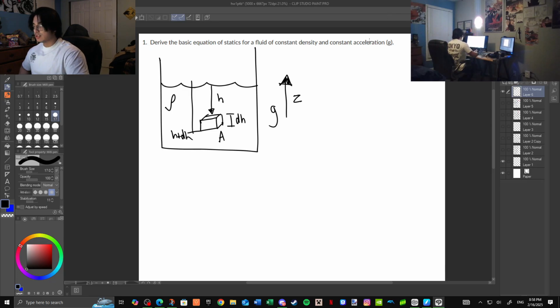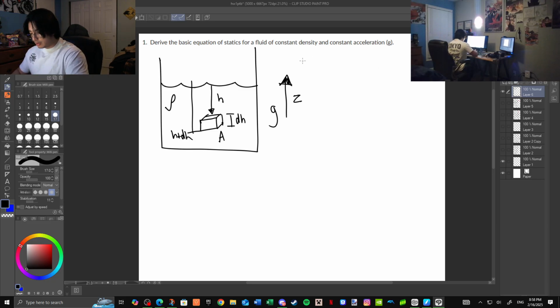Since this is a statics problem, we need to form an equation where both sides are equal, and in this case we need to find the forces acting up on the bottom of the surface and the forces pointing downwards acting on the top of the surface. So we'll start with the bottom.